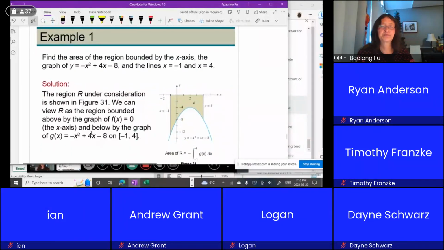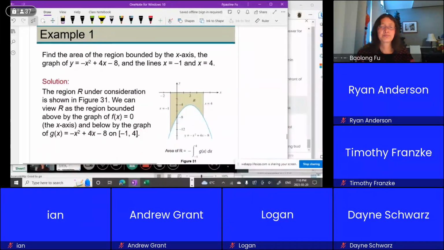Example. Find the area bounded by the x-axis and the parabola y equal to, and then -1 to 4. So find this area.